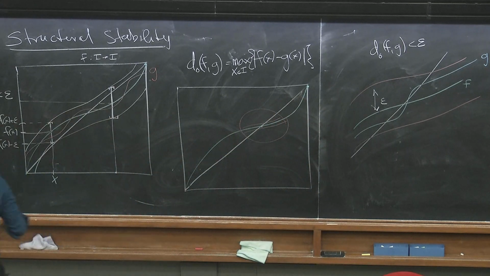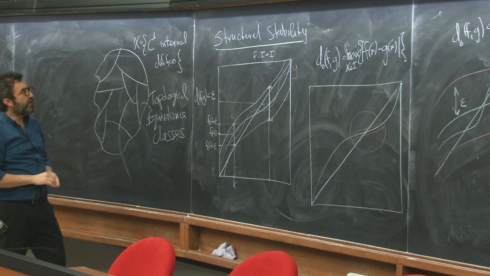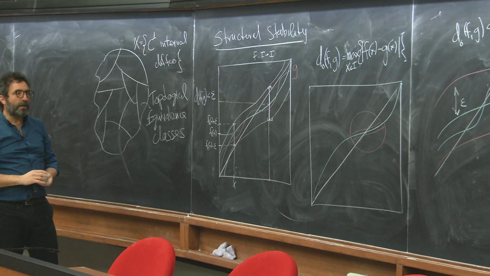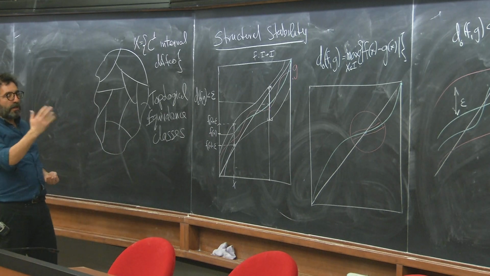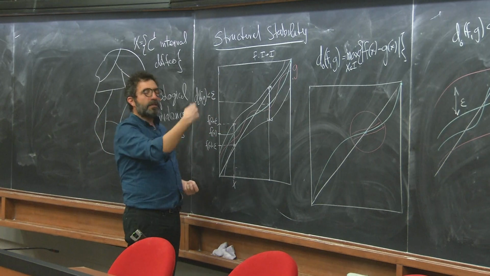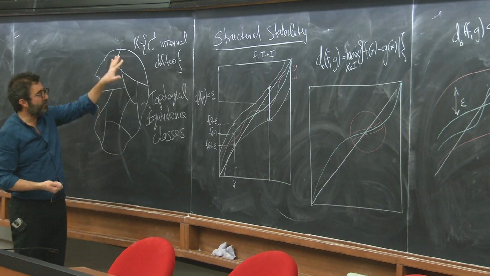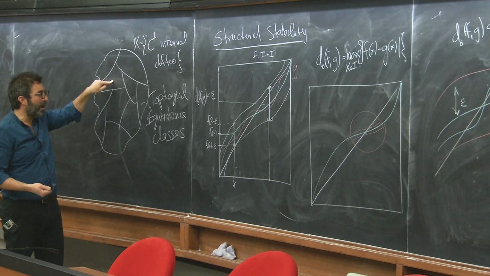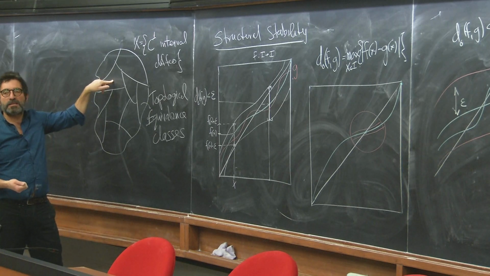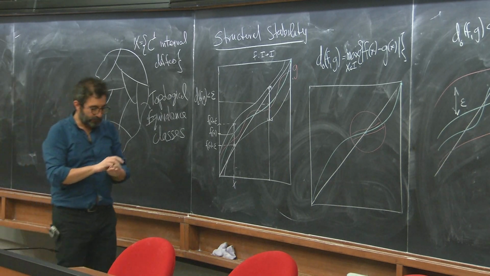So that means that if you look at the space of interval diffeomorphisms with the C0 metric, which induces a certain topology on the space of C1 interval diffeomorphisms, well, I haven't proved it yet, but you can believe from this construction that you can always create or destroy fixed points, whatever you've got. So in the C0 metric, none of these equivalence classes are open. Wherever you are, you can have arbitrarily close to that some interval diffeomorphisms which belong to a different equivalence class.